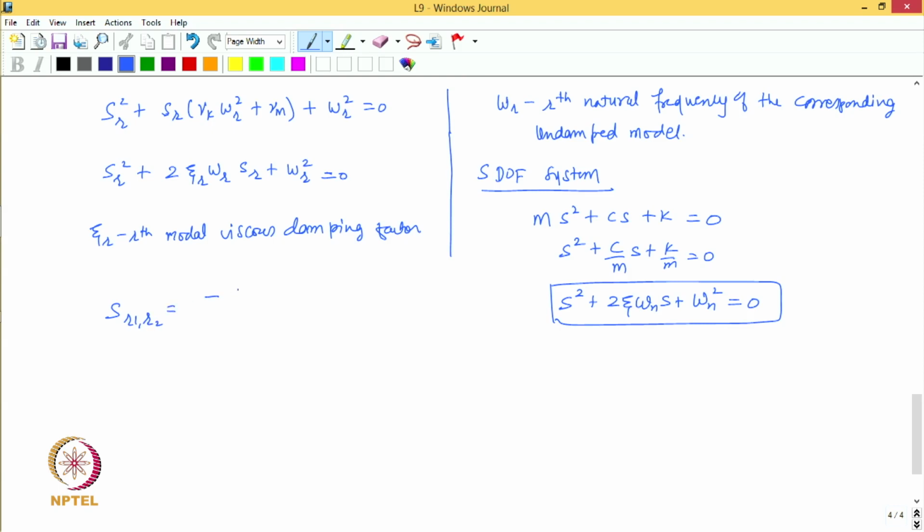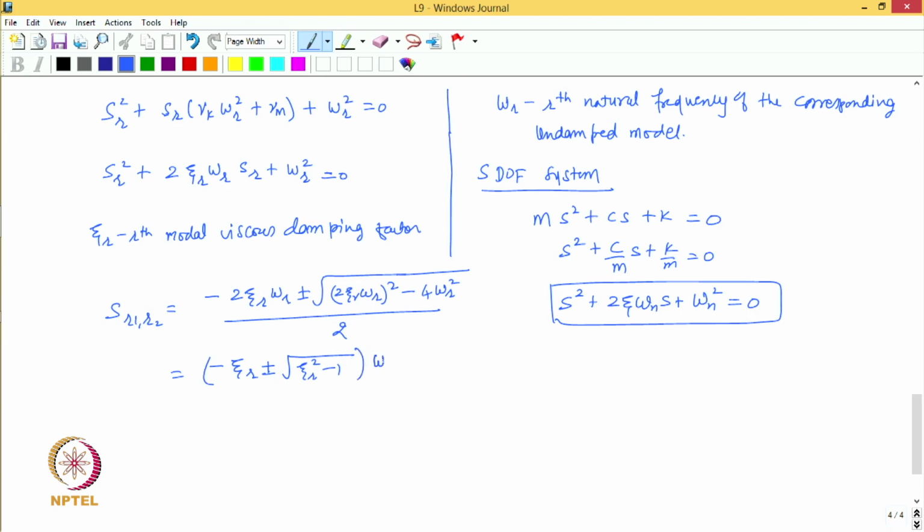Then this would be minus 2 zeta r omega r plus minus the square root of (2 zeta r omega r) square minus 4 omega r square, upon 2, which is nothing but the roots of the quadratic equation, and which can be simplified as minus zeta r plus minus the square root of zeta r square minus 1, into omega r.